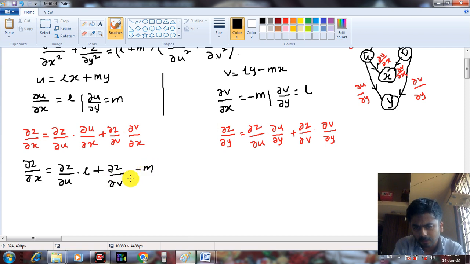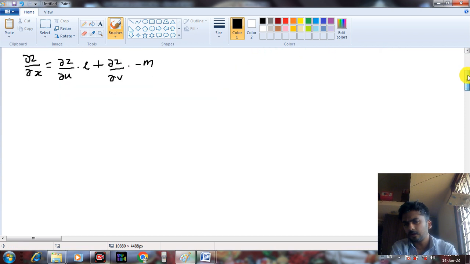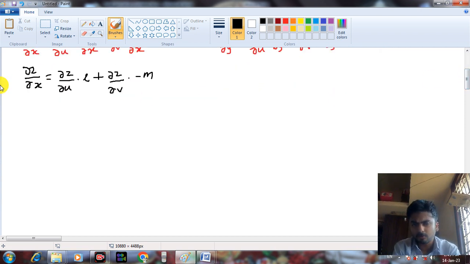It is minus m. Therefore we have ∂z/∂x equal to L into ∂z/∂u minus m into ∂z/∂v.